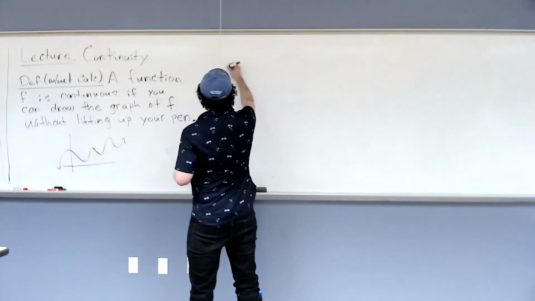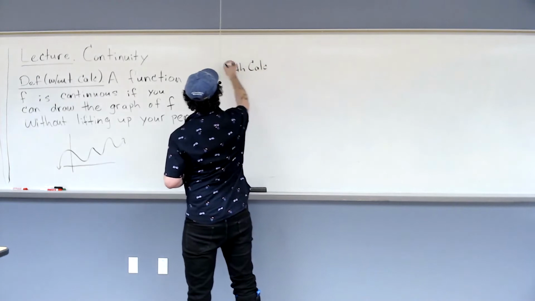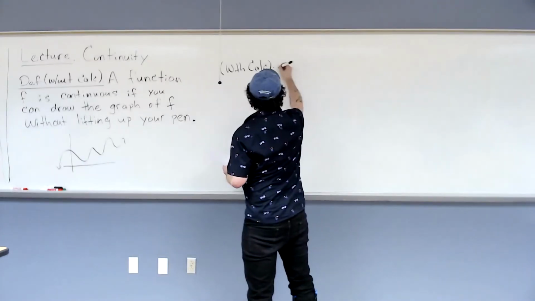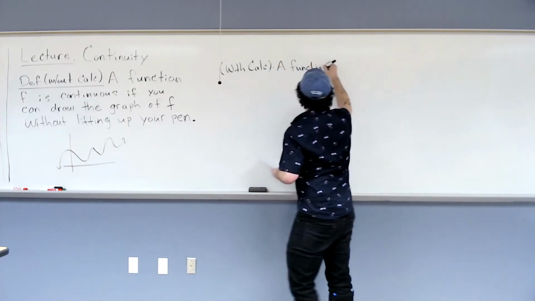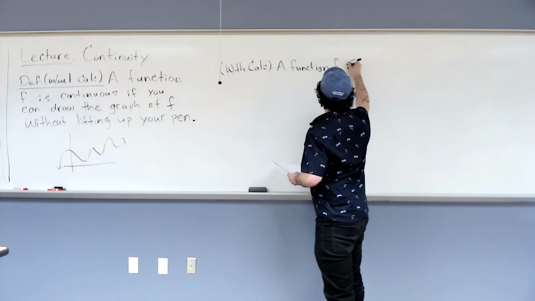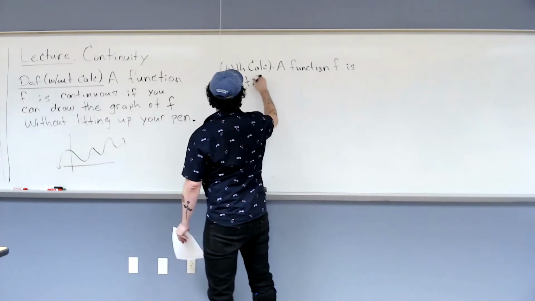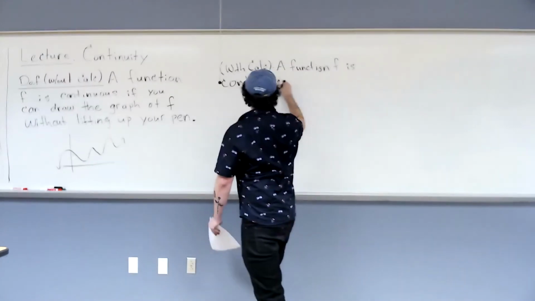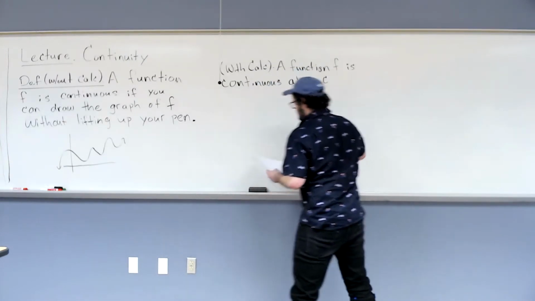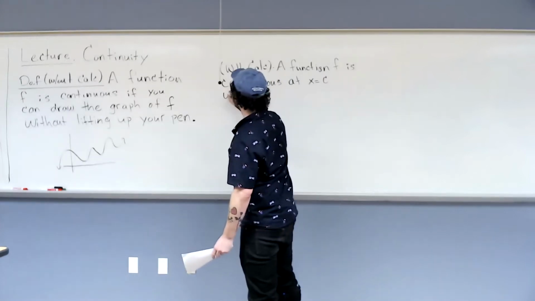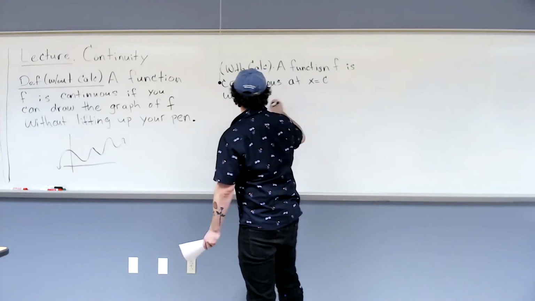So with calculus, the definition would look something like: a function f is continuous at x equals c whenever the following three properties hold.